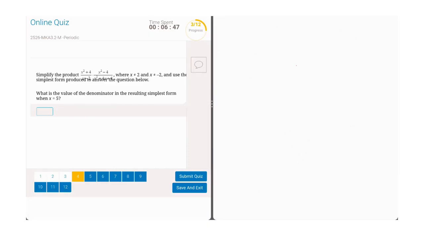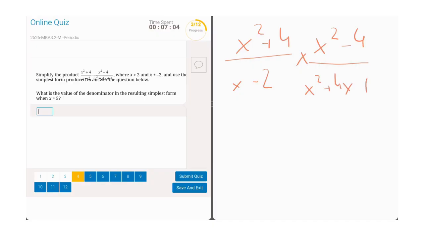Here for this question, we have x squared plus 4 over x, I think, minus 2 multiplied by x squared minus 4 over x squared plus 4x plus 4.